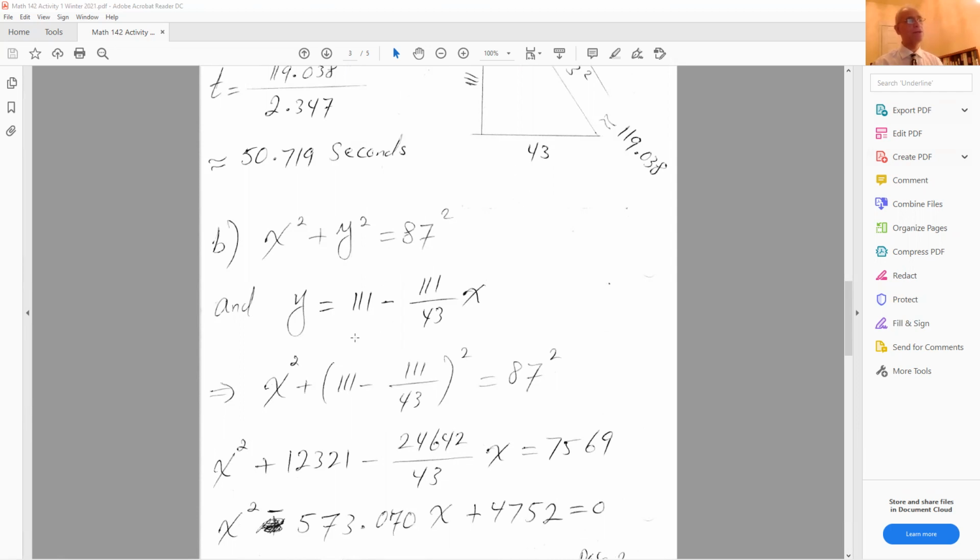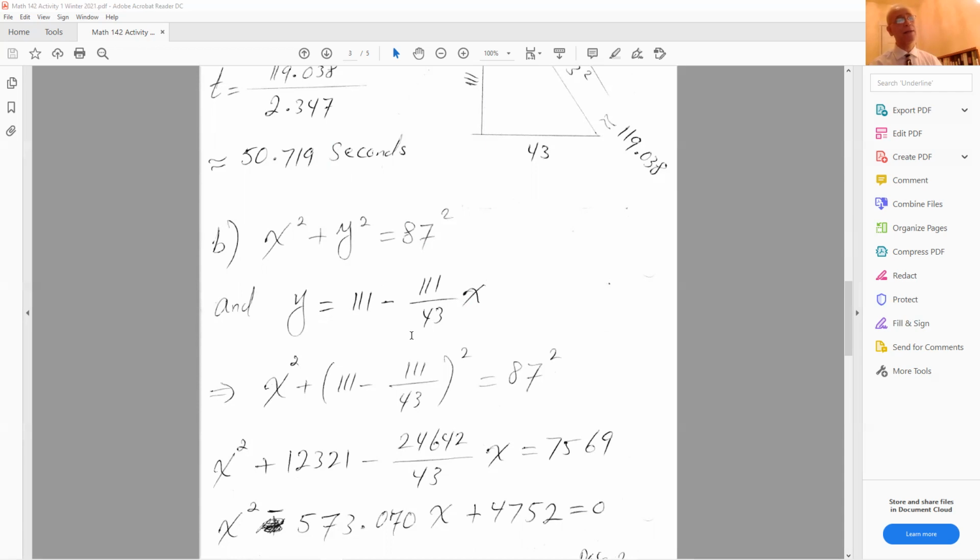Now, the straight line that he is swimming, y equals mx plus b, has the form where my y-intercept is 111. The slope is negative 111 over 43. So you could think of this as minus 111 over 43x plus 111, but I left it in this format. I thought that would be easier to work with.